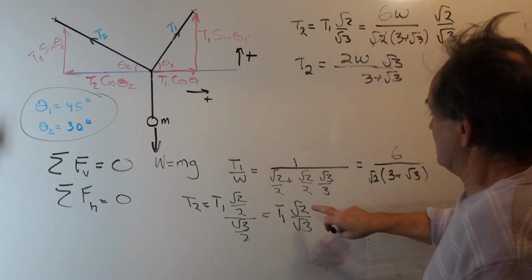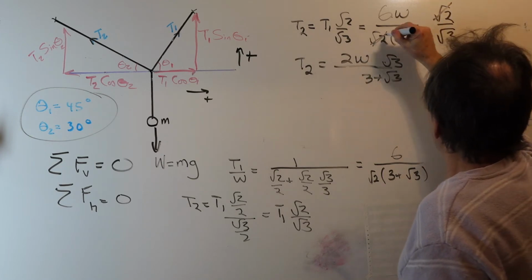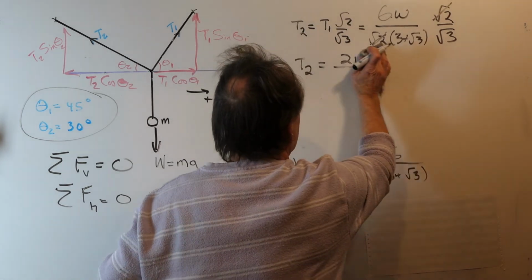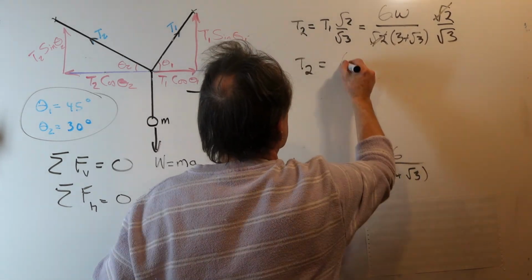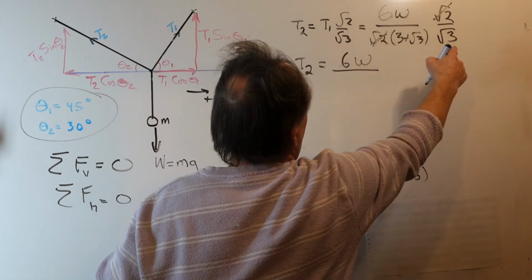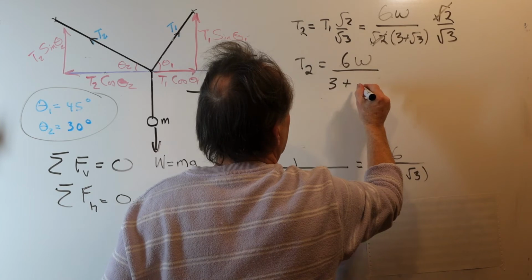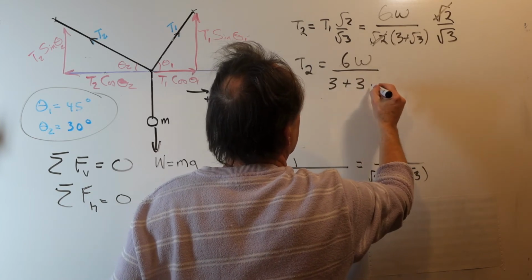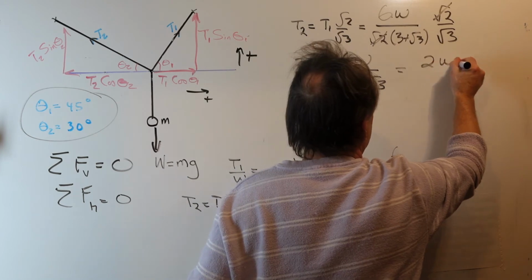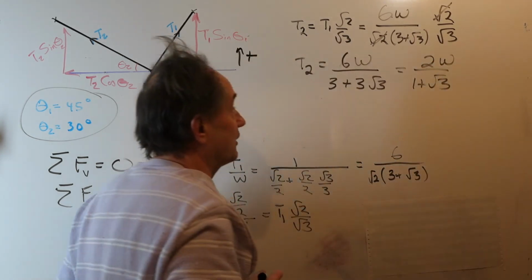This is T1 square root of 2 over square root of 3. We could have just multiplied through and canceled those two, and if we did that, we would have 6W, multiplying through by square root of 3, we end up with 3 plus 3 square root of 3. We factor out a 3, we end up with 2W over 1 plus the square root of 3. Another equivalent form.